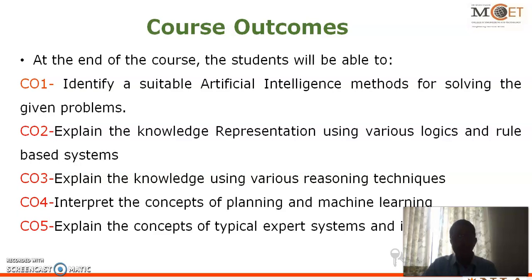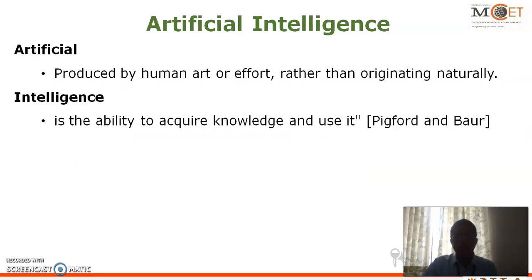in this course. Let us discuss the basics of artificial intelligence. Let us start with artificial. What is meant by artificial? It is nothing but the human art or effort, which is produced by human art or effort rather than originating in natural things.